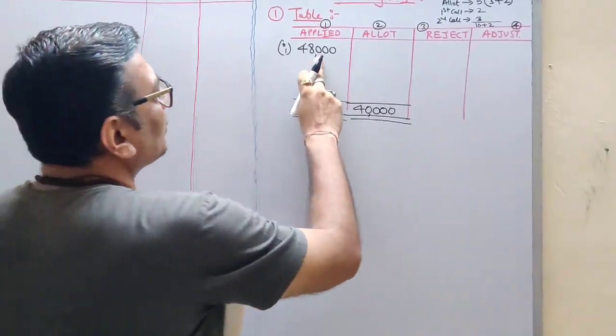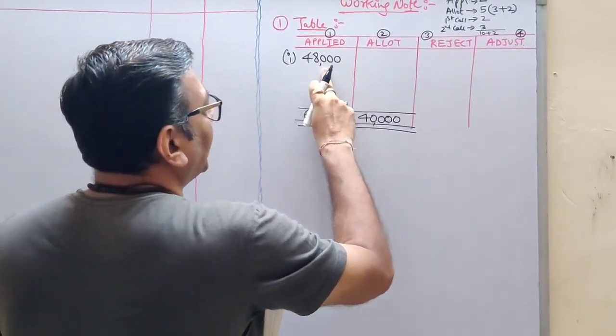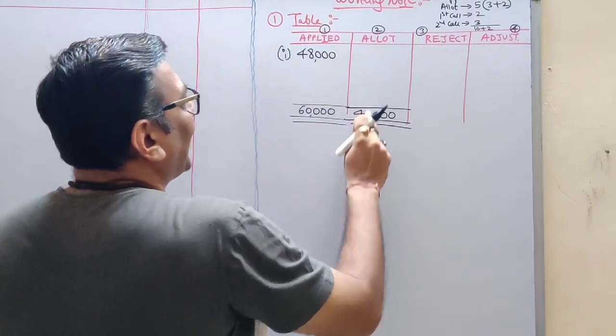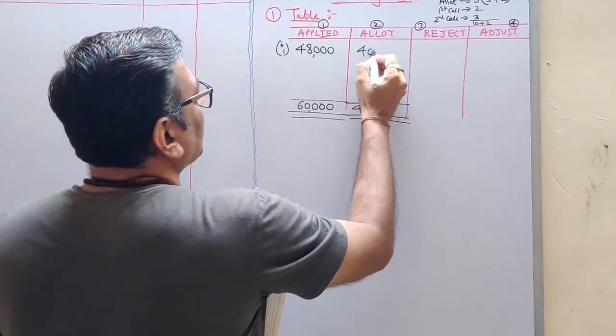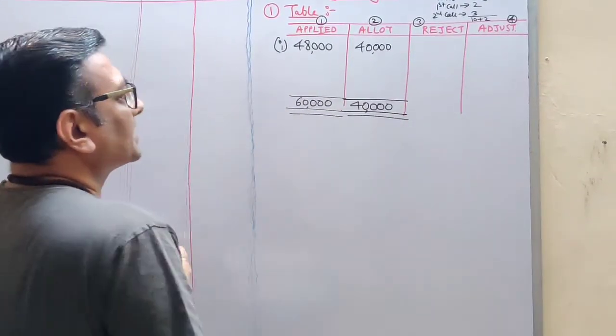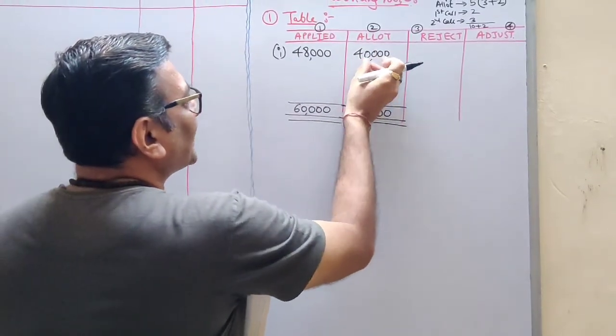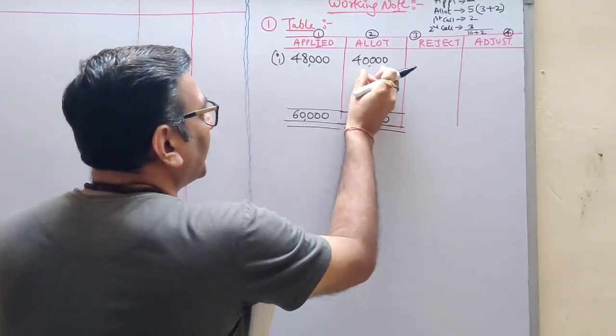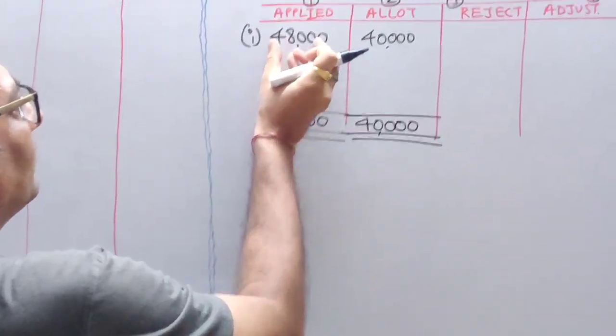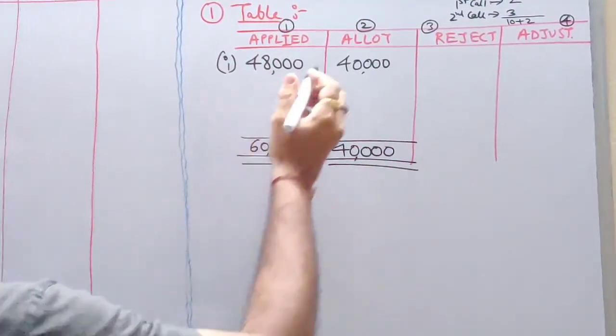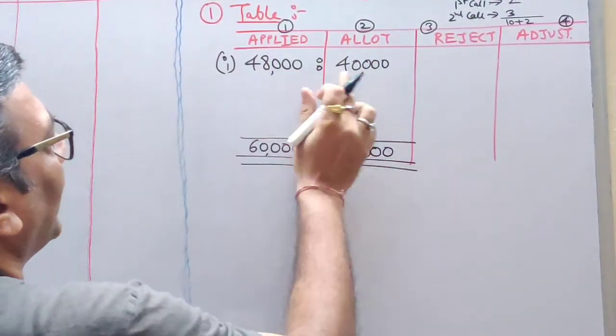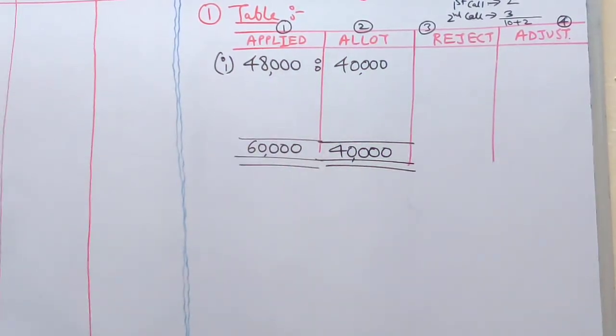So how many shares you can allot to these applicants under pro rata? Maximum is 40,000. So this is what you can allot maximum shares under pro rata to the applicant of 48,000, and this will also help you to find the pro rata ratio.